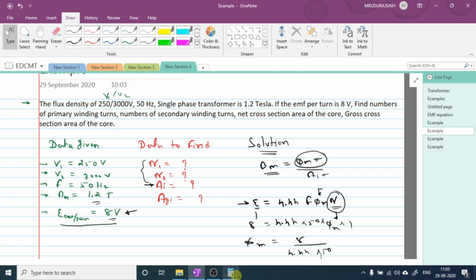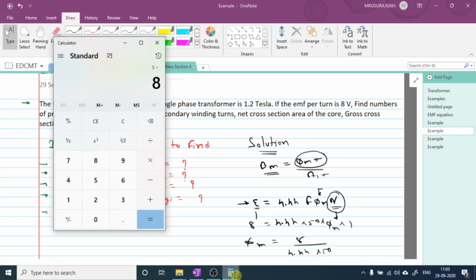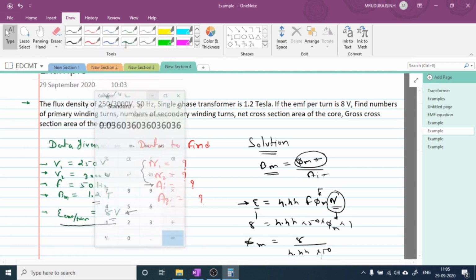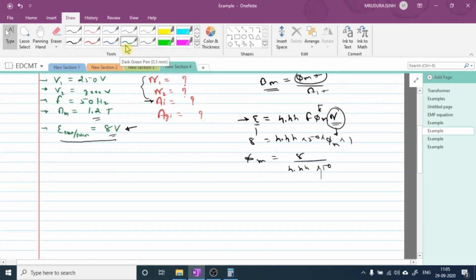So let's calculate this thing. 8 divided by 4.44 divided by 50 gives us 0.0360. So phi m is equal to 0.0360 Weber. So 0.0360 will be the flux.